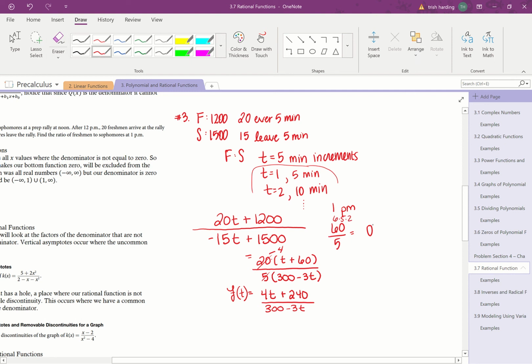So that's 12. So that's going to be our t. So f of 12 is going to equal 4 times 12 plus 240 divided by 300 minus 3 times 12.